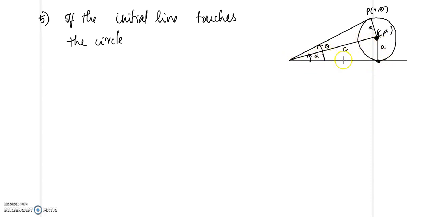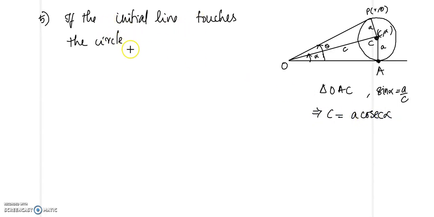So therefore from this triangle, let me take this as OA, and this point is C. From the triangle OAC, since it's a right angle triangle, we will get sin alpha equal to A by C. A is the opposite side and the hypotenuse is C. So that gives C equal to A cosec alpha.